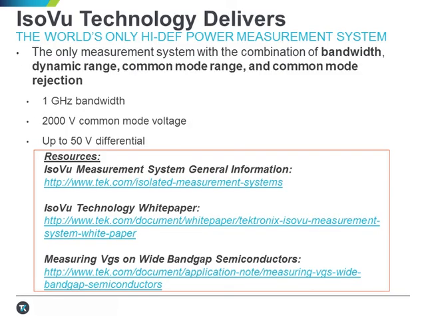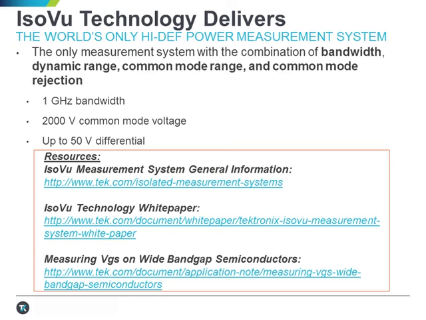So apart from being the only system with complete optical isolation and high common mode rejection, it also combines a 1 gigahertz bandwidth with a 2,000 volt common mode voltage range and 50 volt differential voltage measurements. This is the only system on the market that allows all of these within one solution.